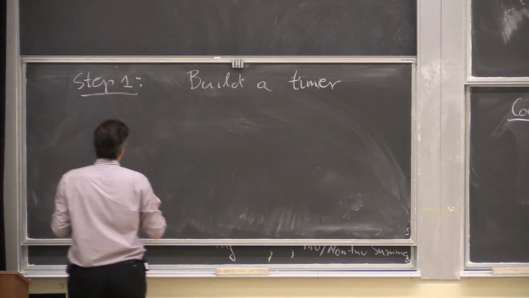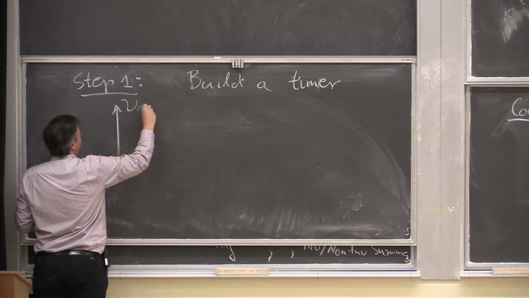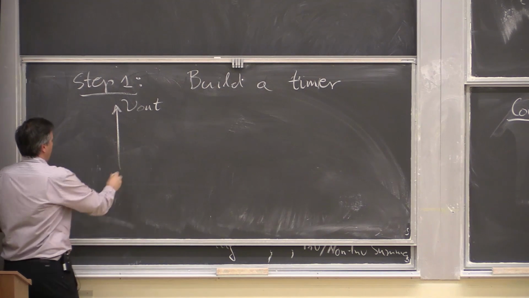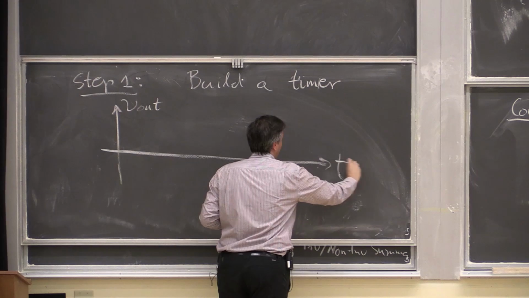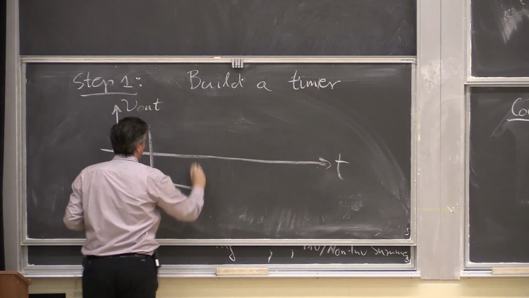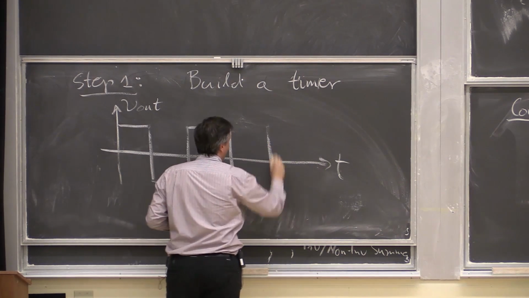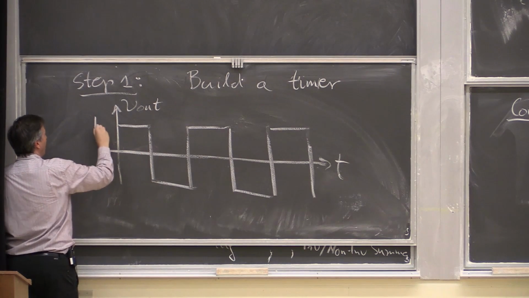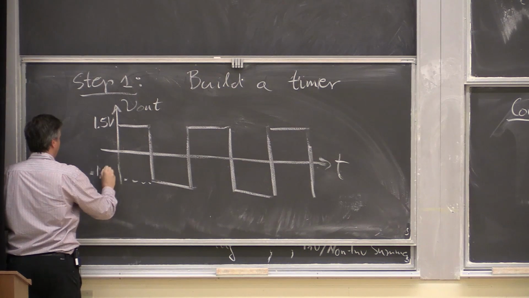So, okay, then I'll say, well, I want you to create a voltage that will look like this in time. So there will be, let's say, 1.5 volts here, minus 1.5 volts here.